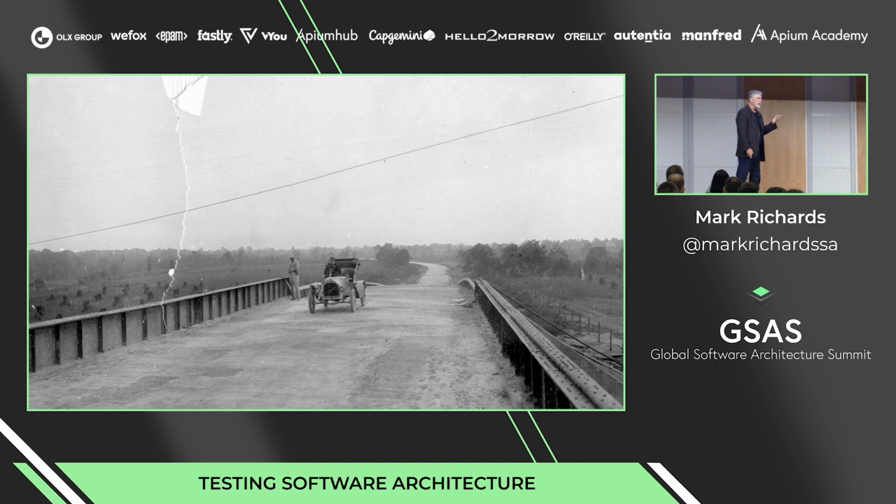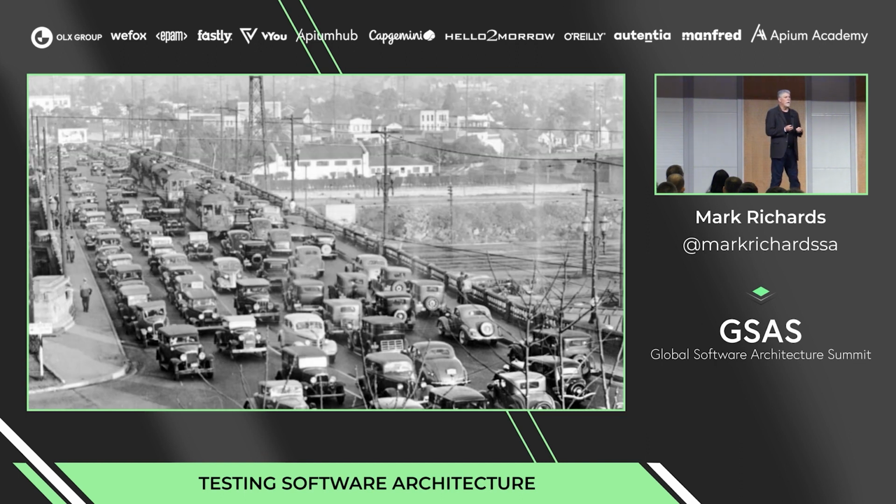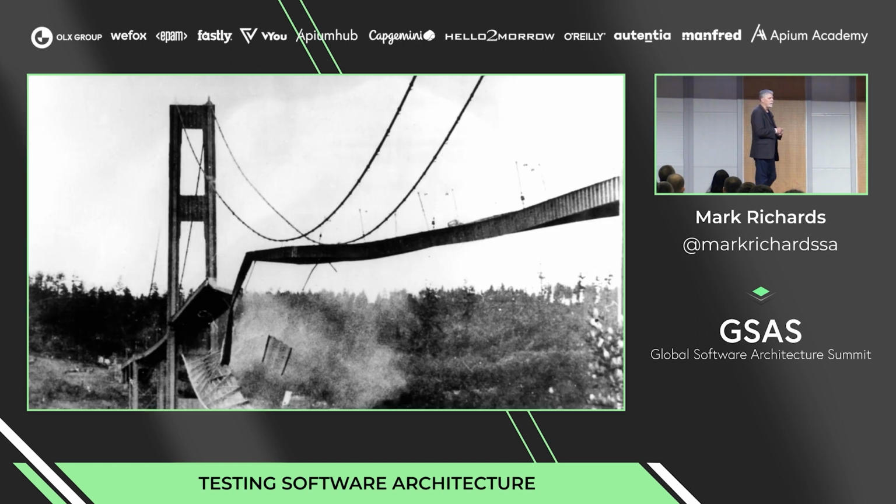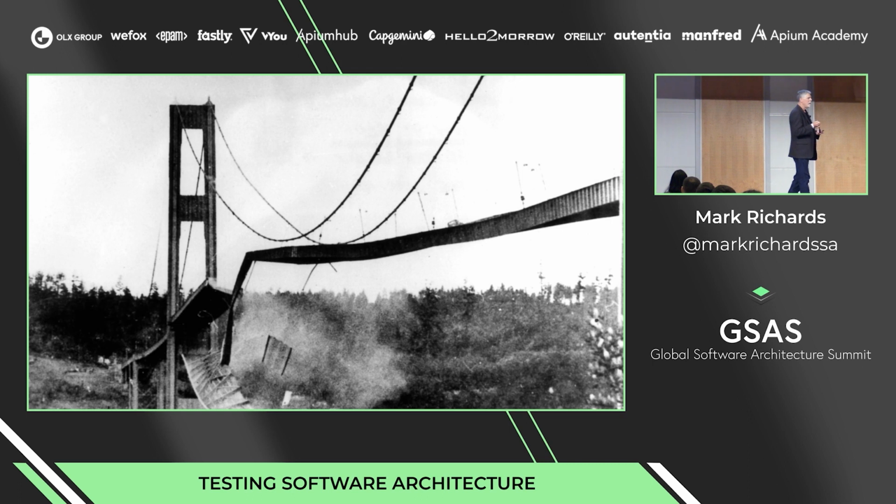Systems start to grow, and like this town, this same bridge starts incurring a lot more traffic, a lot more requests, a lot more users. And if we don't pay attention to the structural integrity of our architectures, our structures, this will unfortunately happen. This is why testing software architecture is so important and so critical.